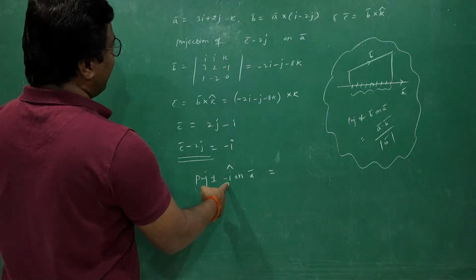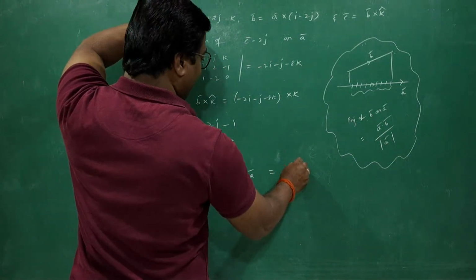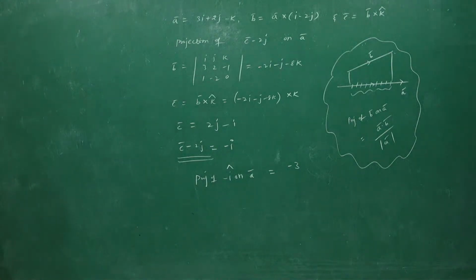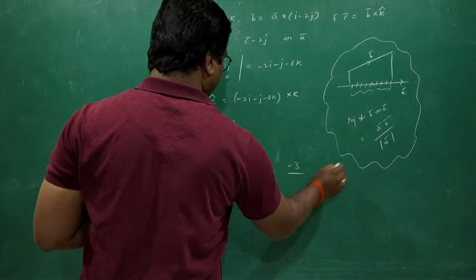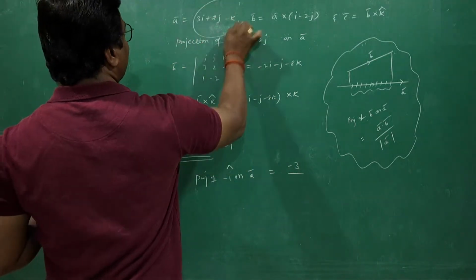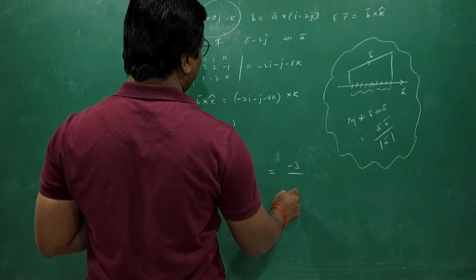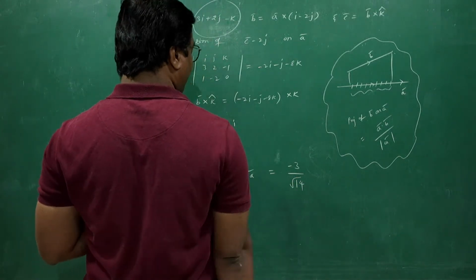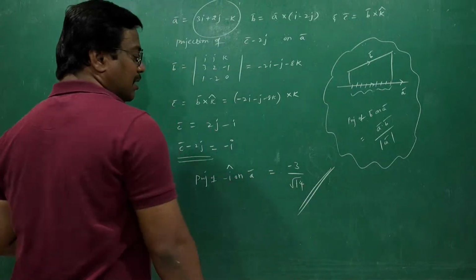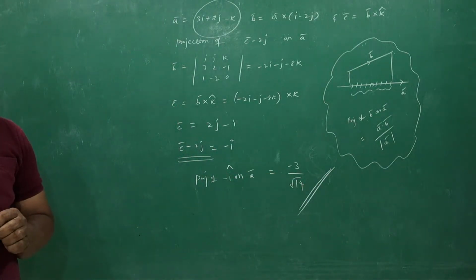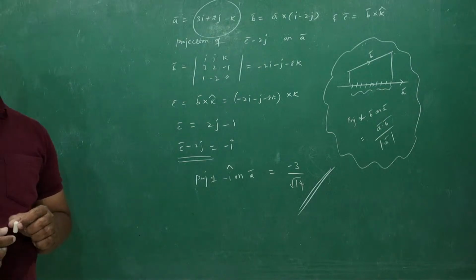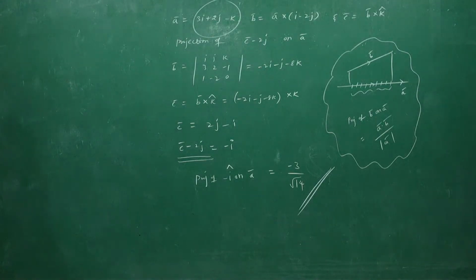A bar dot product with minus i, you will get minus 3, divided by modulus A, the length of this vector, root over 9 plus 4 plus 1, root over 14. So the projection is minus 3 by root 14.